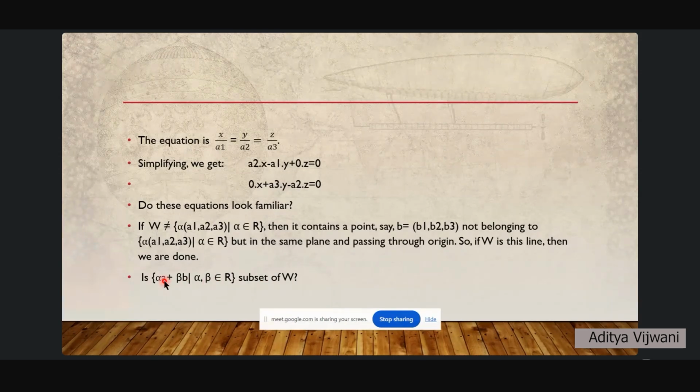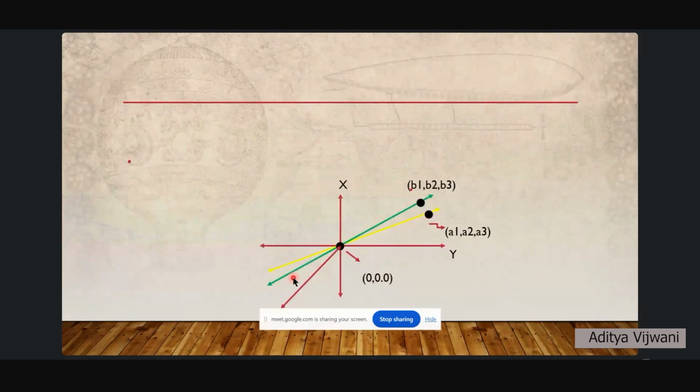Yes, it will be a subset of W. We just saw this notation in R2 also, how it spanned the plane. So it is a subspace and it is a subset of W. Geometrically, you can see here the line joining the origin and (B1, B2, B3), and the yellow line represents joining the origin and (A1, A2, A3).